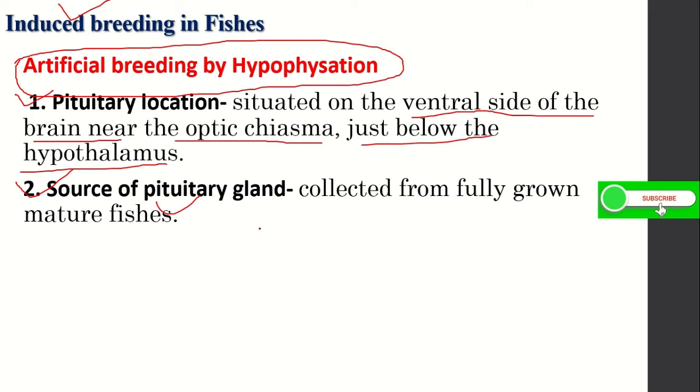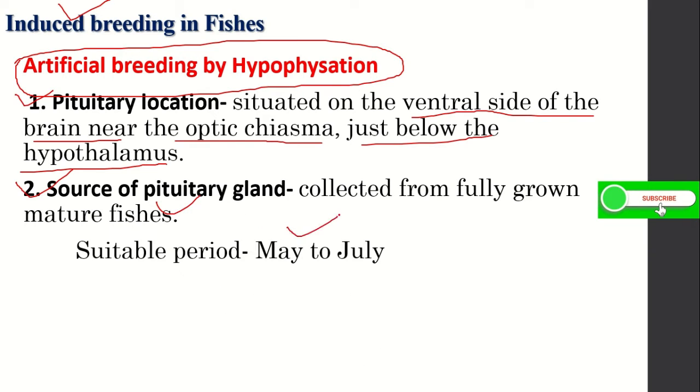The gland should be collected from living or just killed specimens.